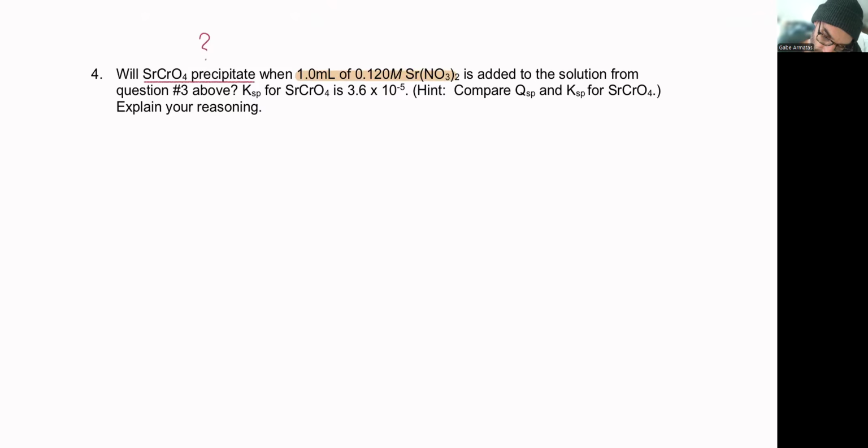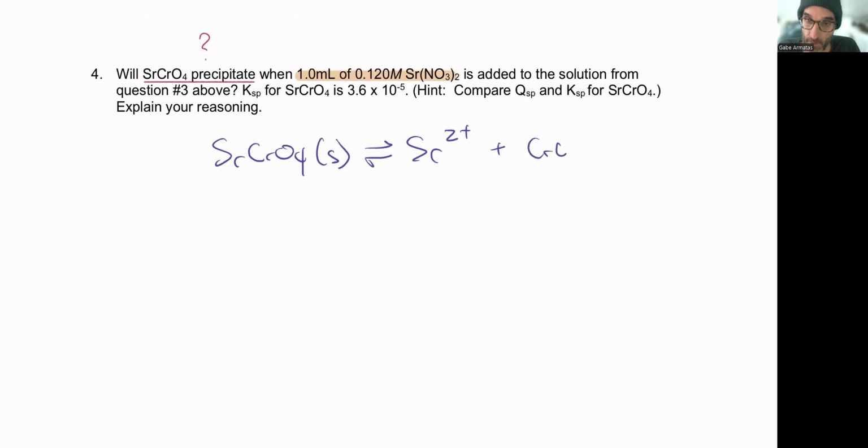So let's write out the equilibrium expression: SrCrO4 solid is Sr2 plus and the chromate, CrO4 2 minus.